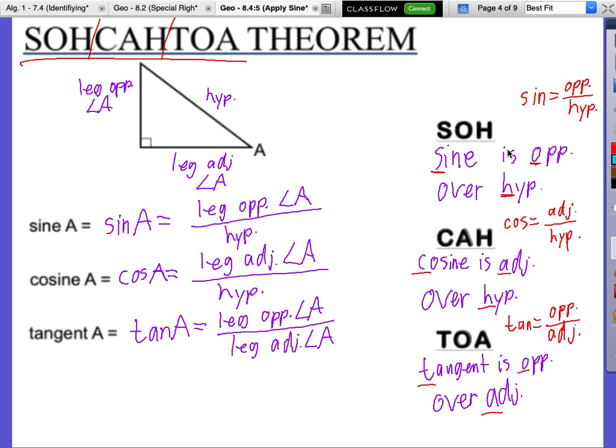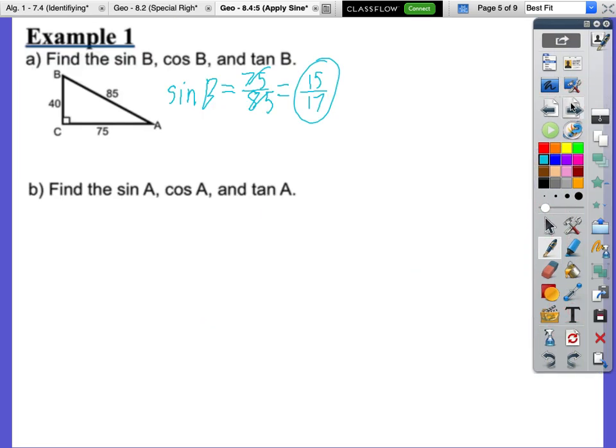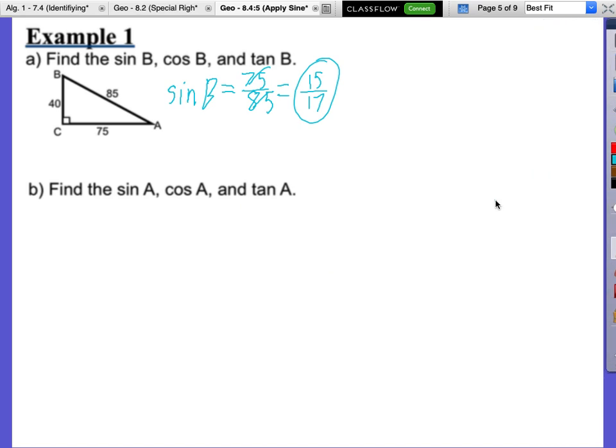That's the leg, yep, because it says leg. Oh, so it'd be 40. You'll never use the same length twice in the same one. So if you're doing cosine, you won't use the hypotenuse twice, just once. Good. Wait, what would be adjacent to B then?